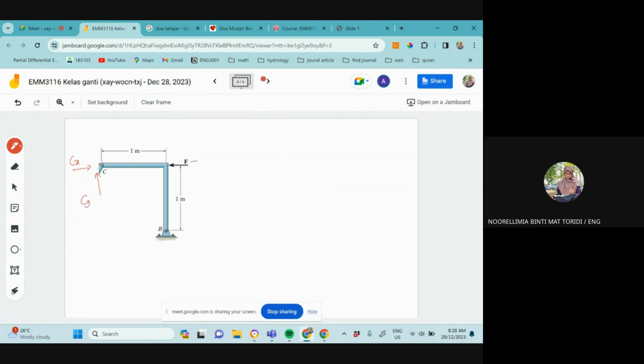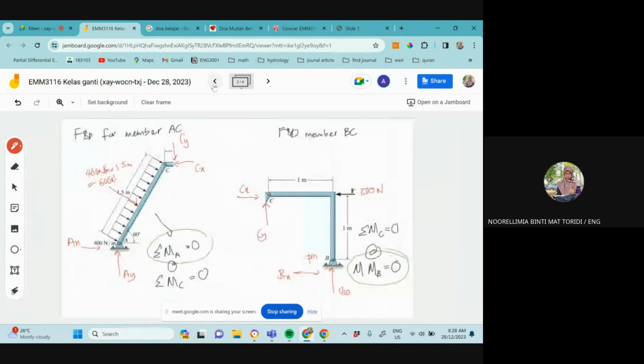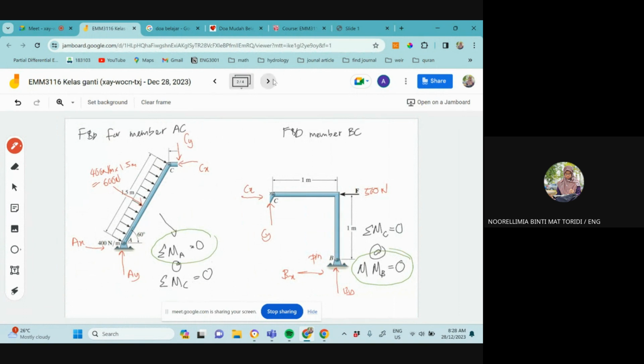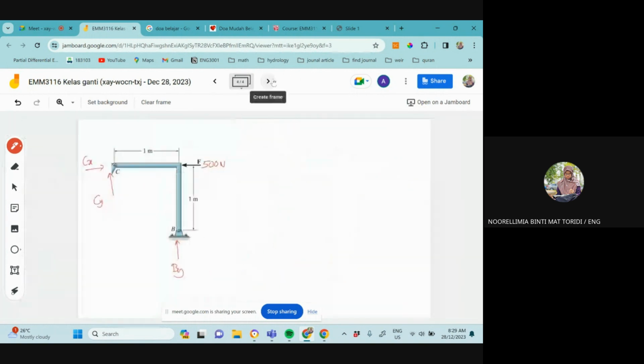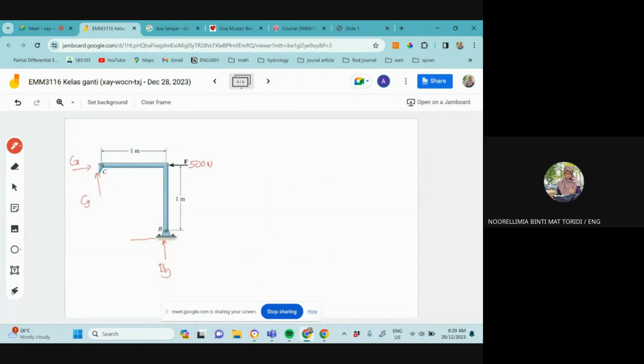Okay, this one is 500 Newton, and then this one is BY. Okay, so BX supposed to be to the left, like this. Okay, so this is BX.